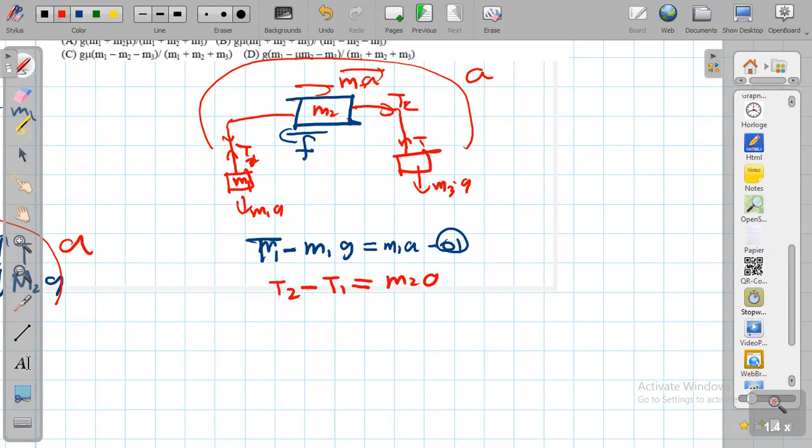M2A. Number 2. Wait, I forgot one thing here. T2 minus T1 minus friction equals M2A. Right. For the last one, let me write it. M3G minus T2 equals M3A. That's the last equation. Okay.